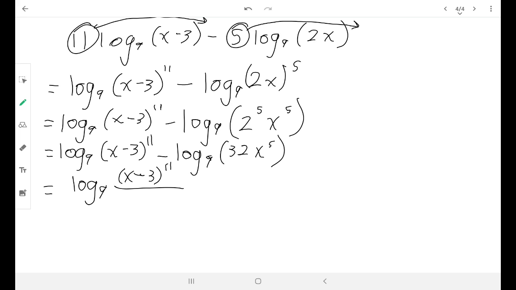And at the bottom of the fraction is going to be this 32x to the 5th. Now at this point, if it was possible, I would be looking to cancel some things within the fraction, but that's not actually possible in this one. So this here becomes my final answer. Okay, so that's condensing 1.